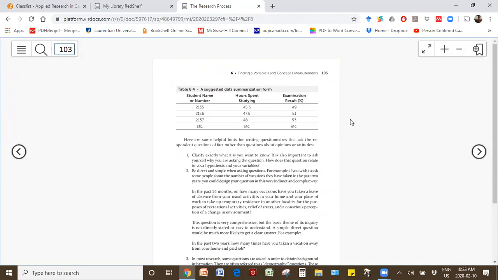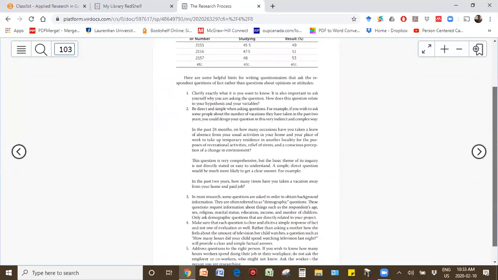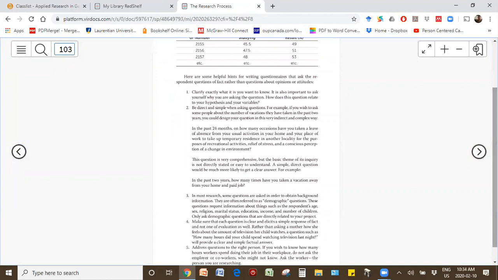So on page 103 of your textbook, there are some helpful hints for writing questionnaires and questions, you know, rather than questions about opinions or attitudes. So again, it's very similar to writing the setup for any research. You clarify exactly what it is you want to know.